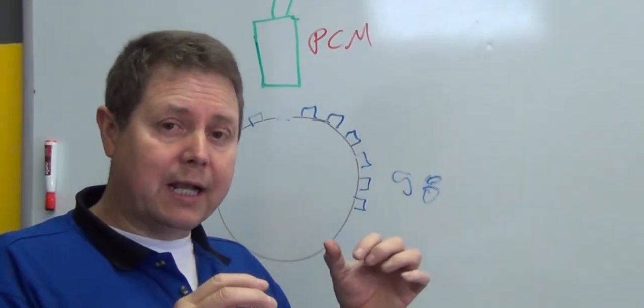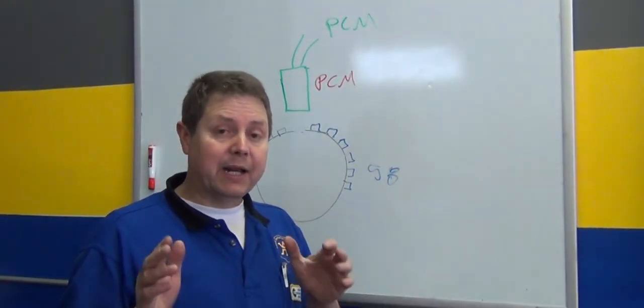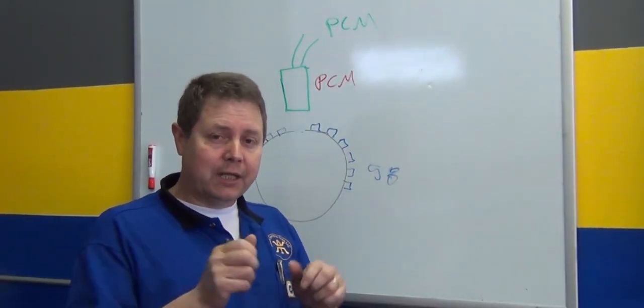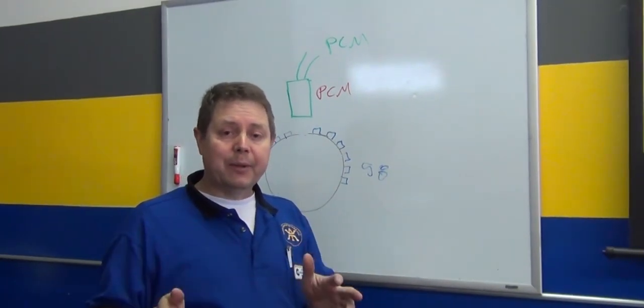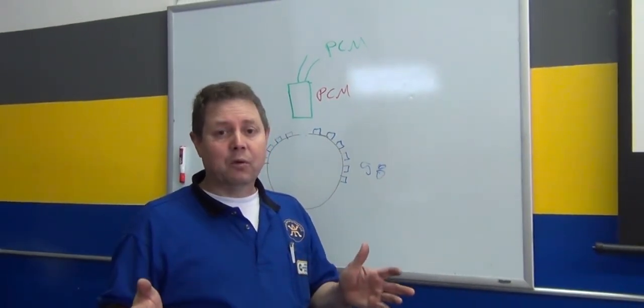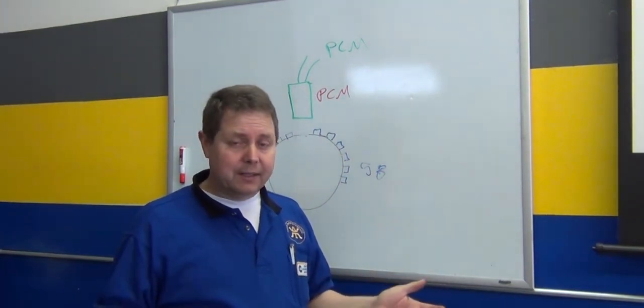It's hard to see from the outside, but once you pay attention, you can see that those teeth have some damage on them. So that's what happens. The computer doesn't know which one is number one. The computer doesn't start the car, right?